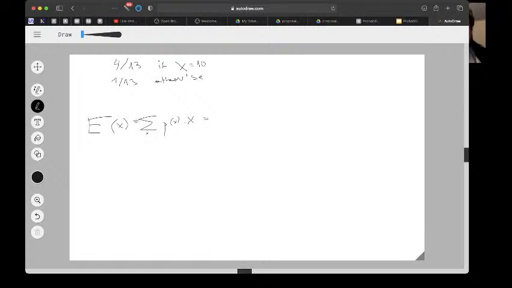So now if x is 10, we have a probability of 4/13, and it fixes 2, 3, 4, and so on until 9 and 11. So we're skipping only 10. You have a probability of 1/13.